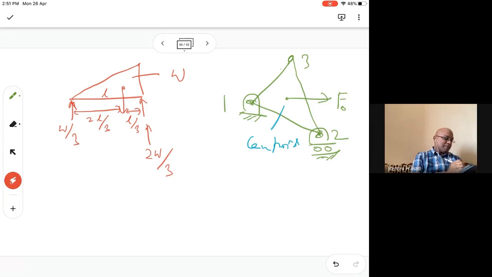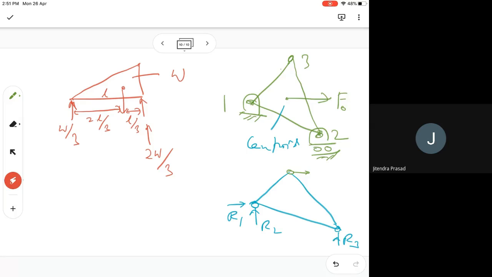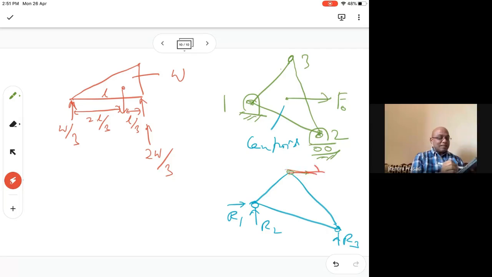So first we have the free body diagram, with reactions R1, R2, R3, and then we distribute this force. Whatever the direction of the force, the distributed force is in exactly the same direction.